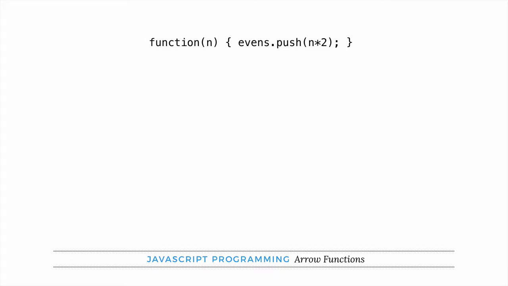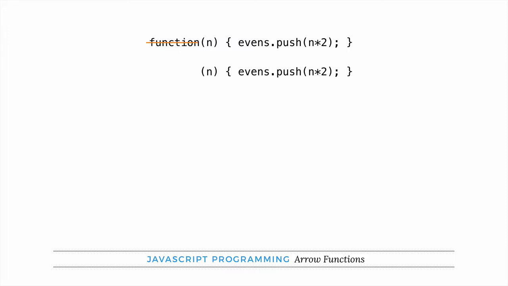Let's take a look at what an arrow function looks like. We'll start with the function that I passed to for-each to take each number of an array and double it, and push the result onto the evens array. To make an arrow function, I'll first remove the function keyword. In the arrow function syntax, we don't use the function keyword.